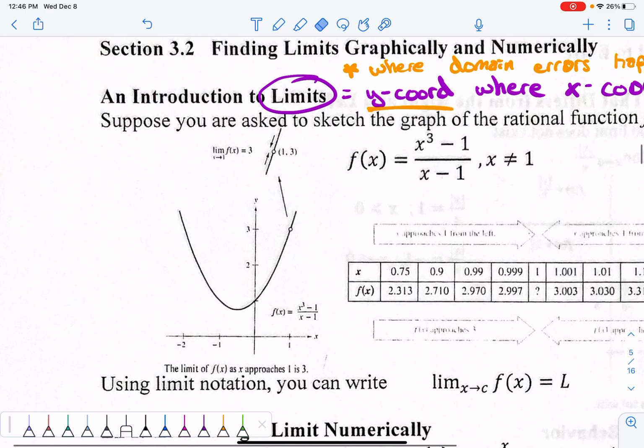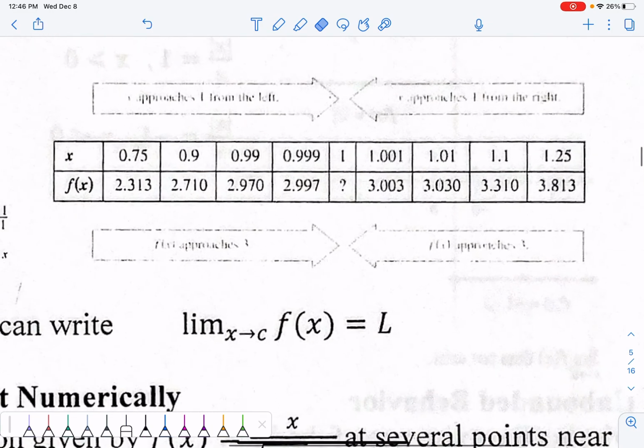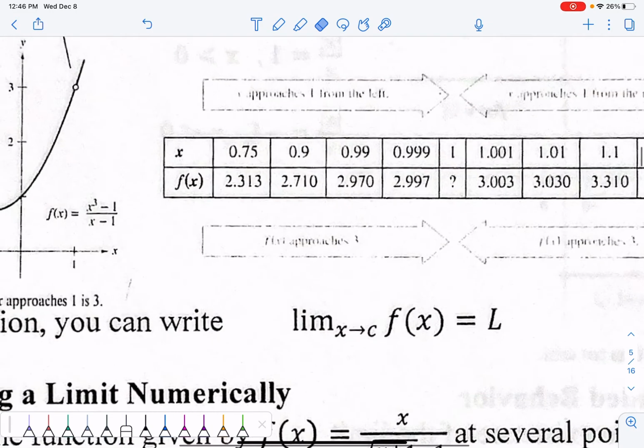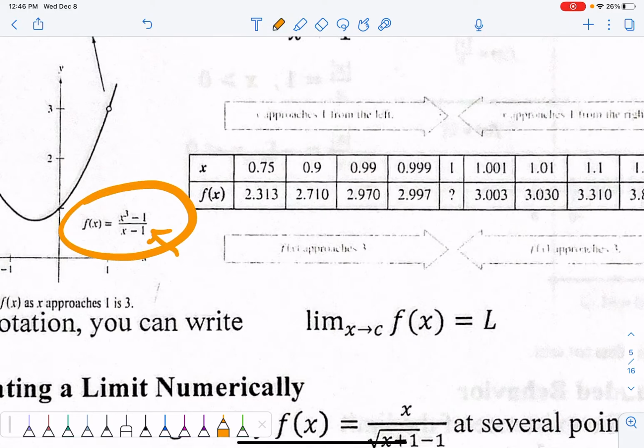And that's what the limit does, okay? So the first couple problems on your homework assignment, you are going to be looking at just a table, okay? So from this equation right here, they give us the original equation, we know that the domain poops out at 1, right? There's a domain error, and it's because we have a vertical asymptote at 1.